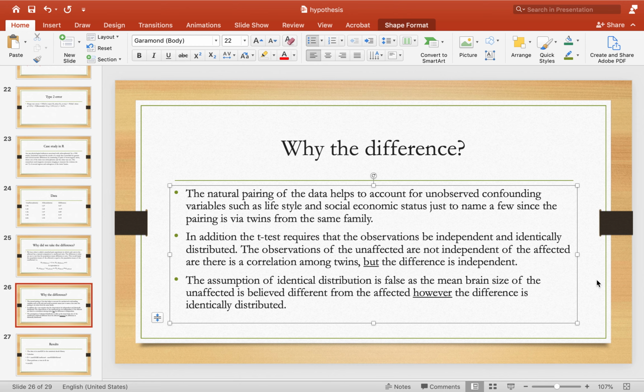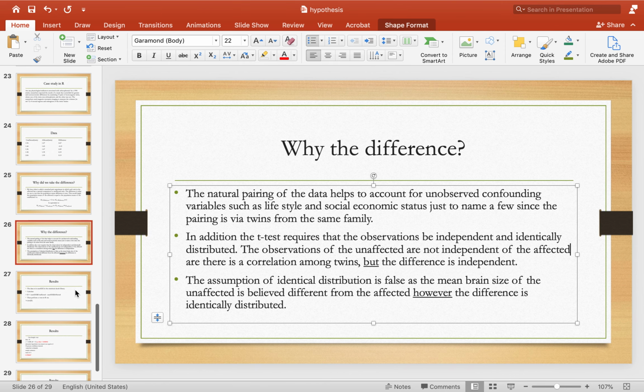After all, they are correlated. They're twins, so there's going to be correlations among their observations. But the difference is independent because it's the difference within households, within the twins. The assumption of identical distribution is false, as the mean brain size of the unaffected is believed to be different from the affected. However, the difference is identically distributed here.